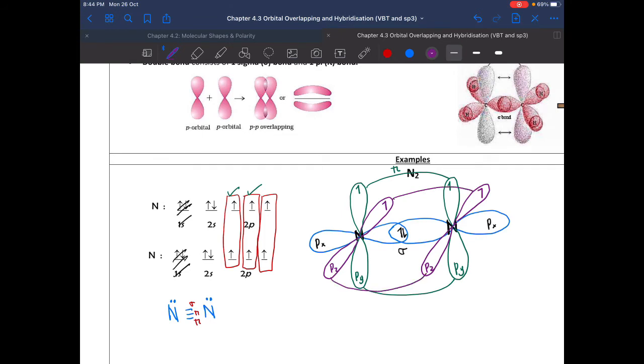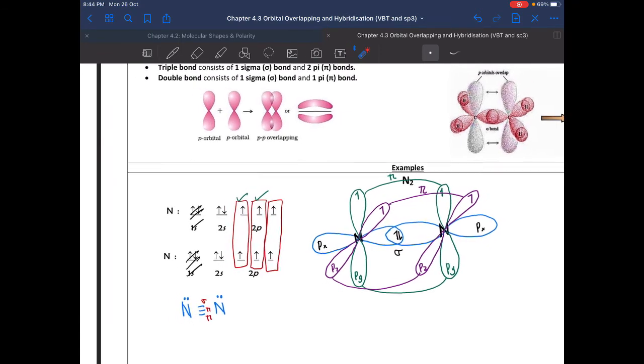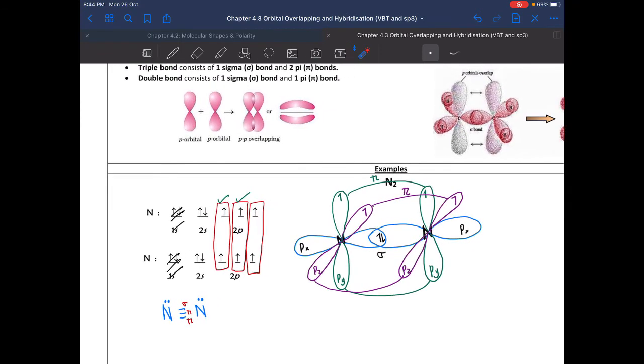So we draw and label it pi bond above. So this is the drawing to show the overlapping between nitrogen and nitrogen, and the overlapping between nitrogen and nitrogen has a sigma bond and also a pi bond. Right, so settled.